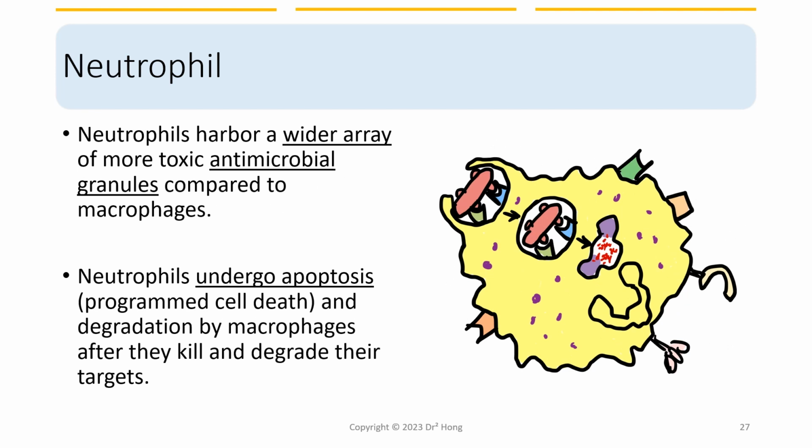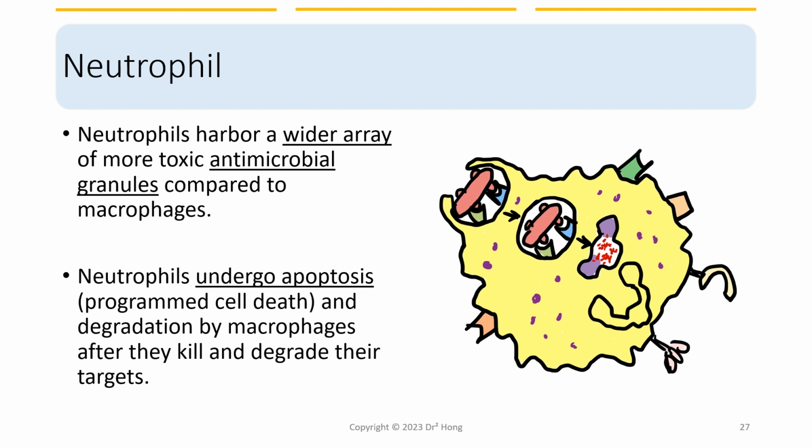Now, in contrast to macrophage, when they perform phagocytosis, their phagosome fuse with their lysosomes. Neutrophils have a wider array of more toxic antimicrobial granules. Then they will fuse into the phagosome and destroy the bacteria. The macrophages, after their phagocytosis process, would do antigen presenting.